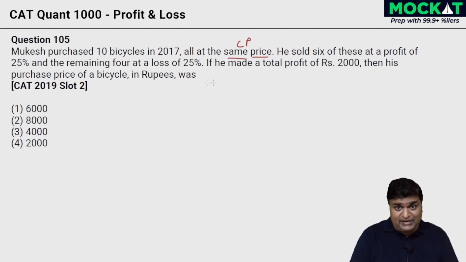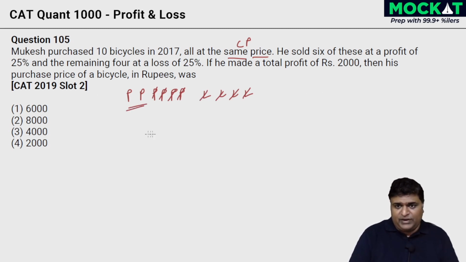Now, if you logically understand this question, you'll realize that there were 6 at a profit, right? You don't even need to write these down, and 4 at a loss, but each of these losses and profits were the same, right? A plus 25%, minus 25%, like that, you can knock them off, and you'll be eventually left with 2 bicycles at a profit, right?